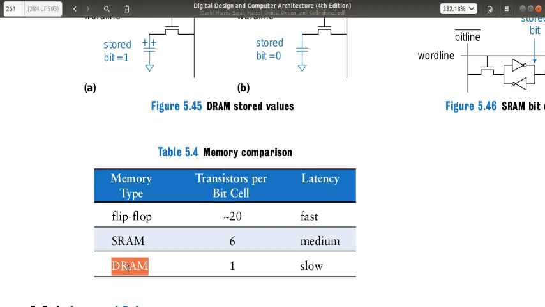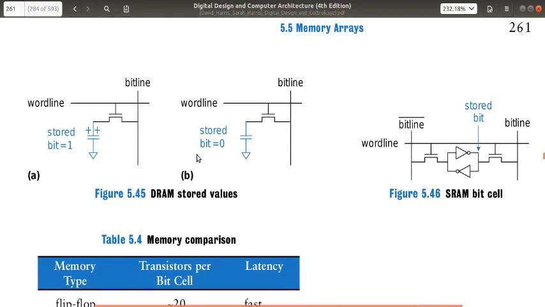So SRAM is used for implementing register files and cache memory, and DRAM is used for implementing the RAM in our main memory. And these are the single bit implementation of an SRAM and a single bit implementation of a DRAM.